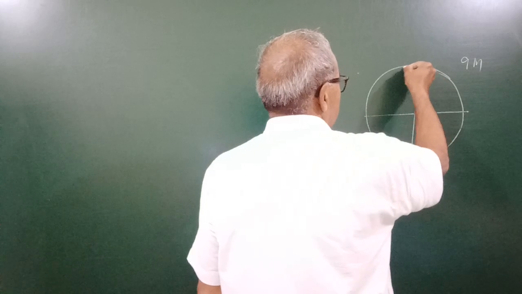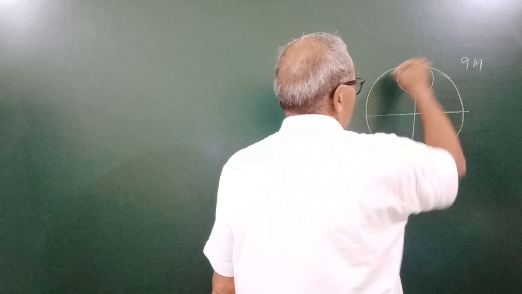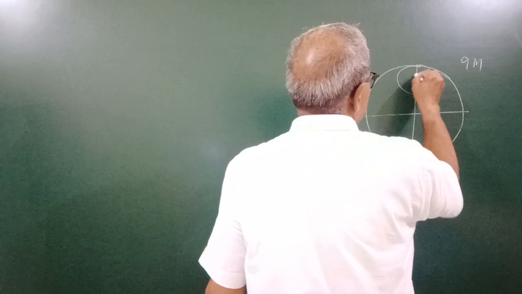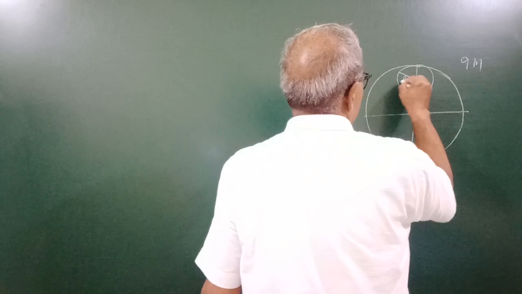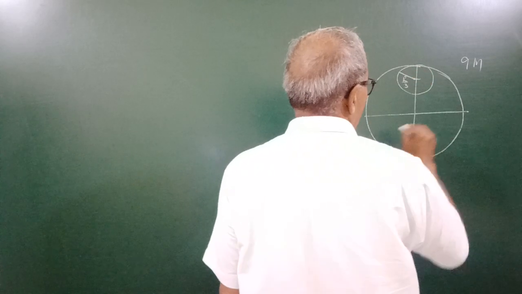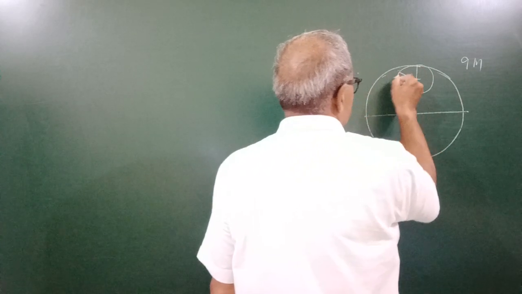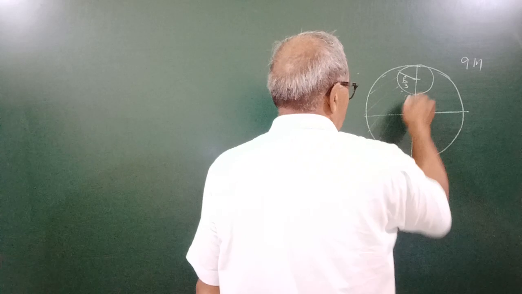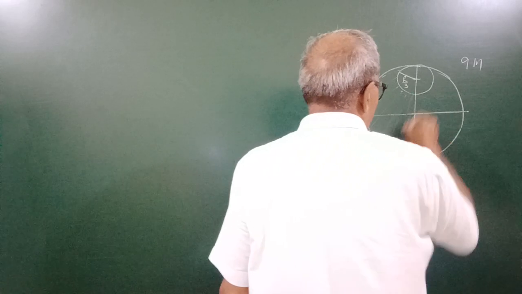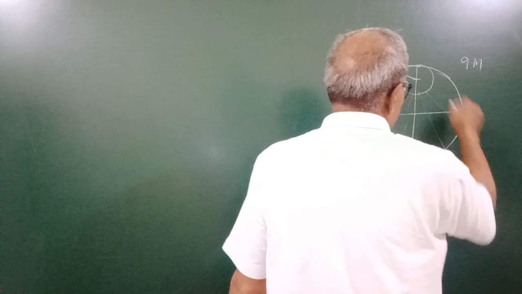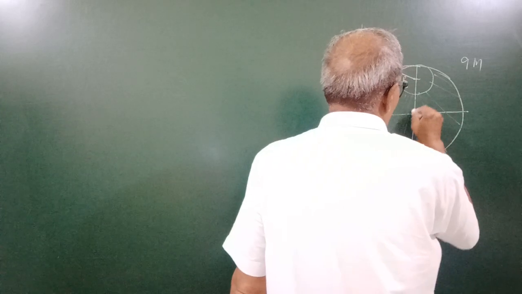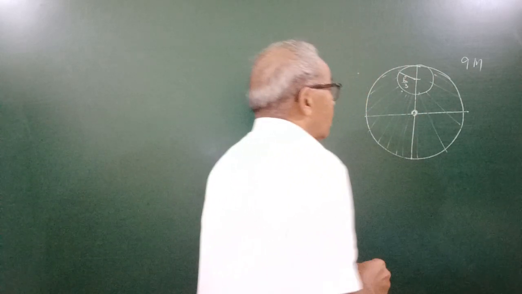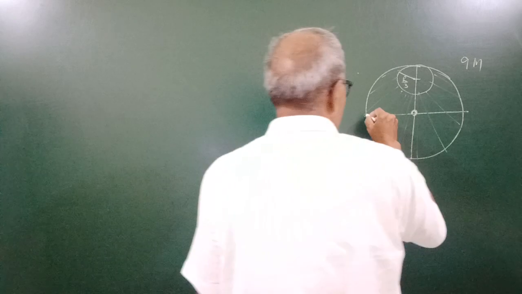From this disk, a disk of radius r/3 is cut. You are asked to find the moment of inertia of the remaining disk about an axis passing through the center and normal to the plane of the disk.